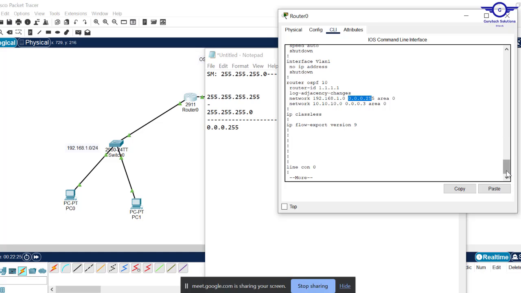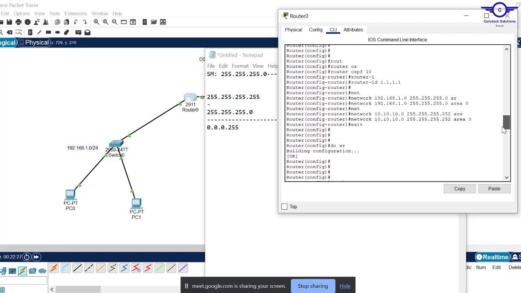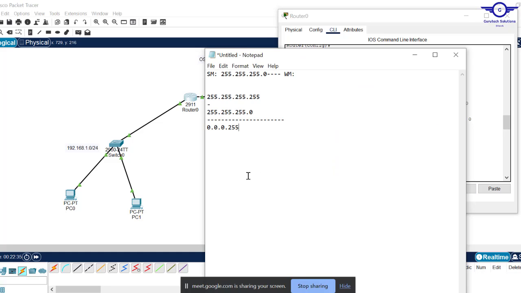So let's calculate the wildcard mask of the second scenario, which was 255.255.255.252. The subnet mask in question is that one. So I paste it here and take the full mask, copy, and paste there.